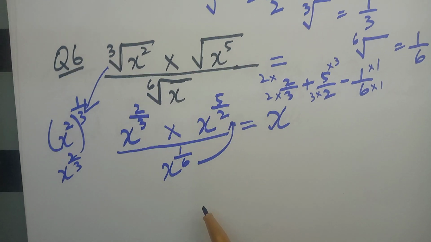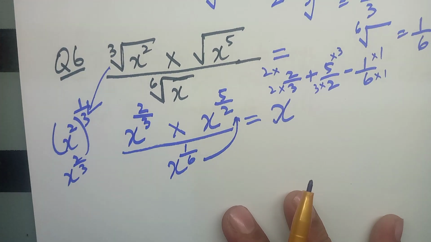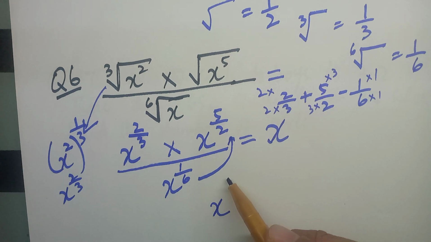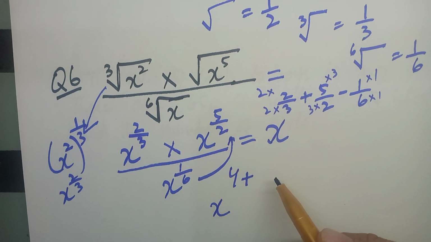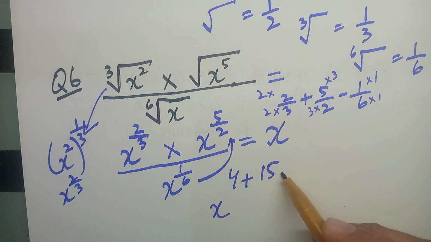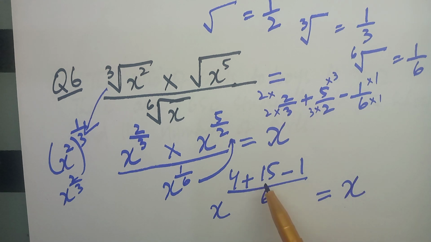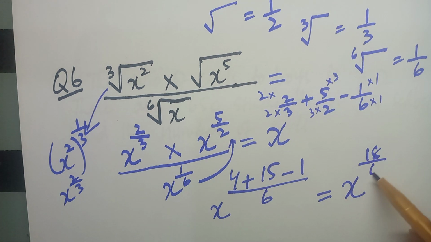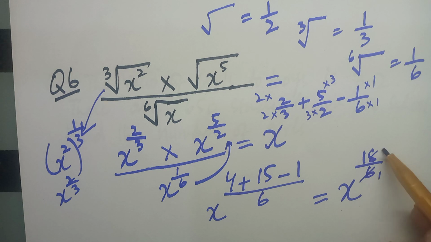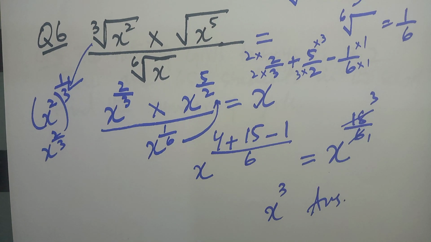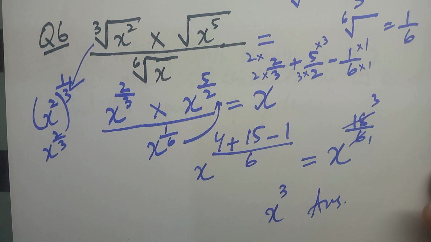So the next step is x power: 2 times 2 is 4, 5 times 3 is 15, minus 1 times 1 is 1, divided by 6, and finally x is equal to 18 upon 6. When you simplify it, the final value is x to the power 3. So this is your answer of this question number 6.